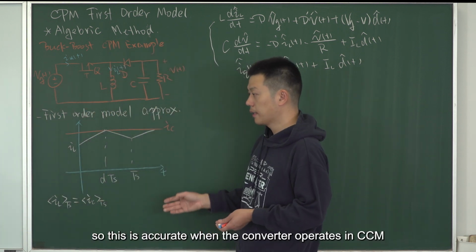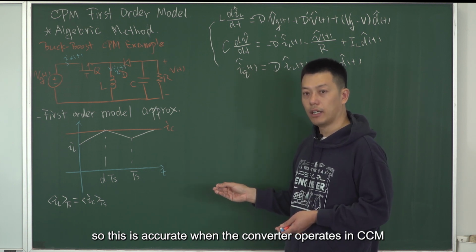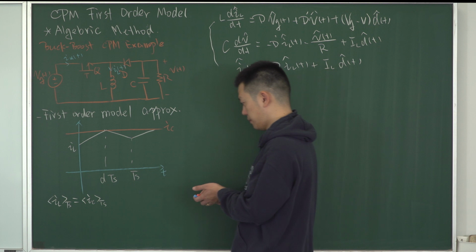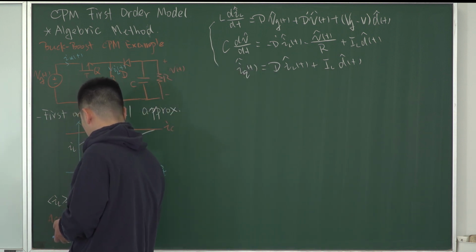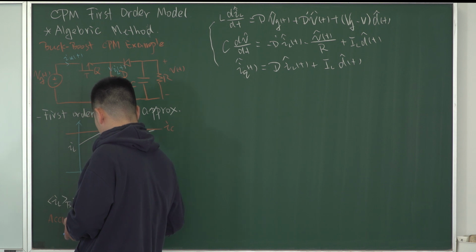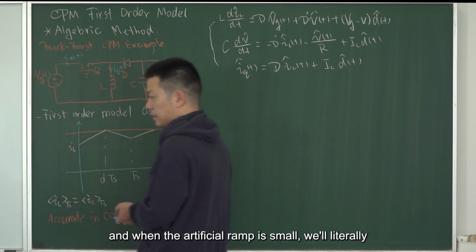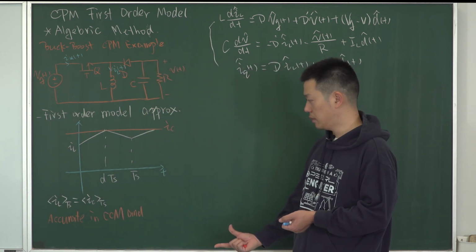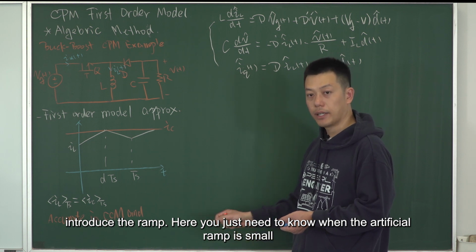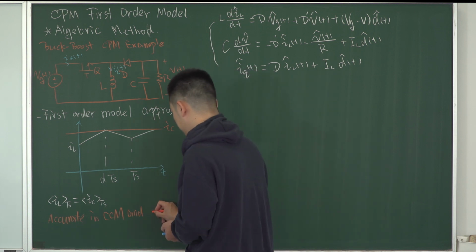This is accurate when the converter operates in CCM, and when the artificial ramp is small. We will introduce the ramp later. Here, you just need to know that the artificial ramp is small.